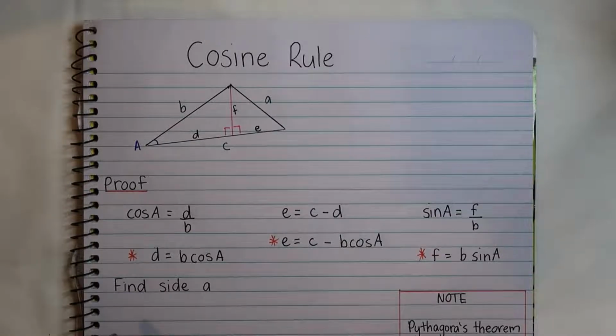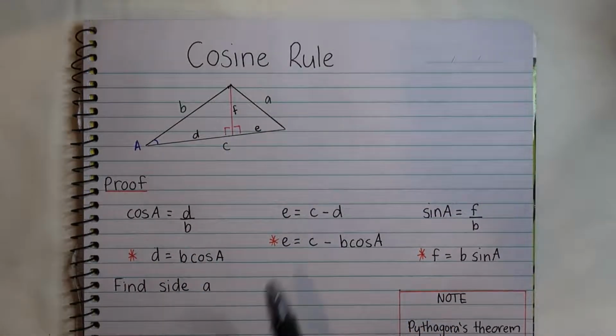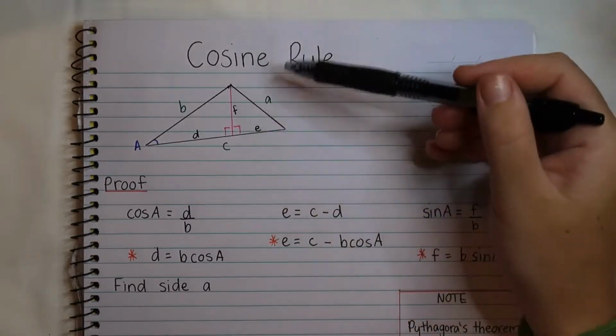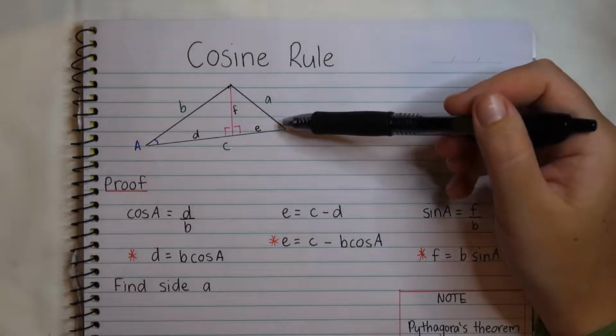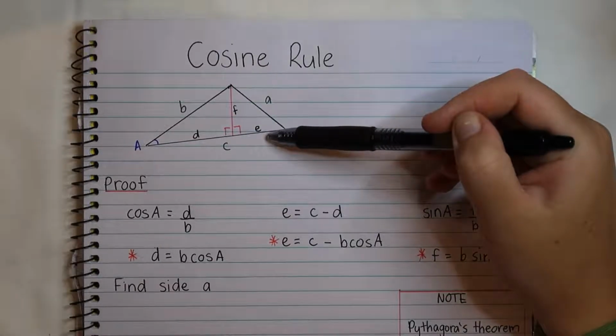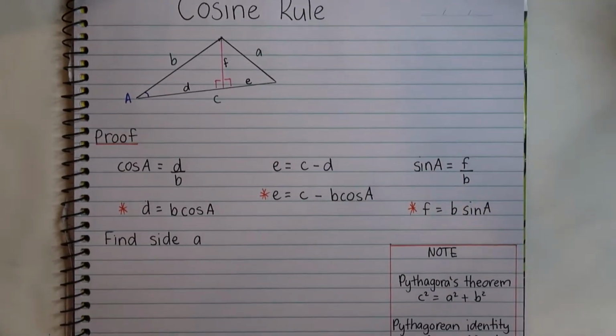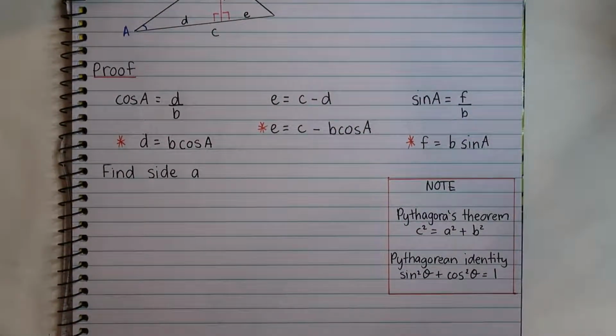So we're going to use all these three terms to find our side A. So we know F and we know E, and now we want to know A. Now we have two sides of a right angled triangle, F and E, so we can use Pythagoras' theorem to find side A. Remember, Pythagoras' theorem is C squared equals A squared plus B squared, where C is the hypotenuse and A and B are the other two sides.